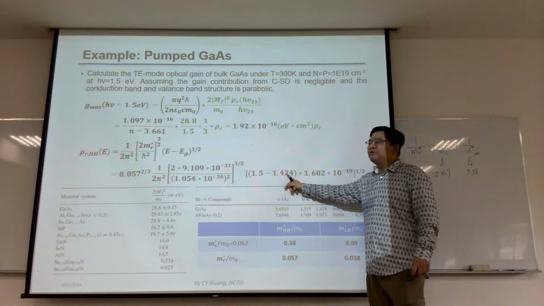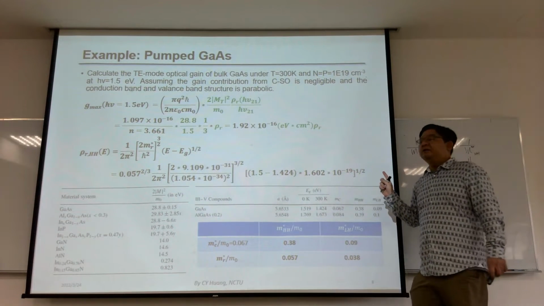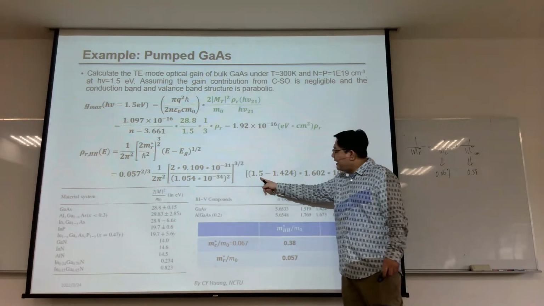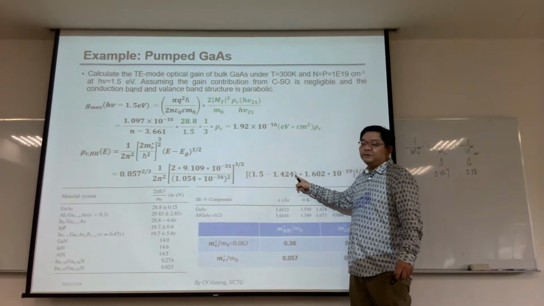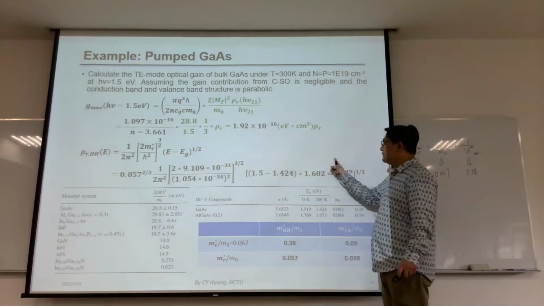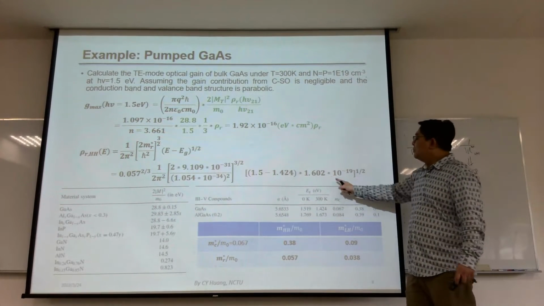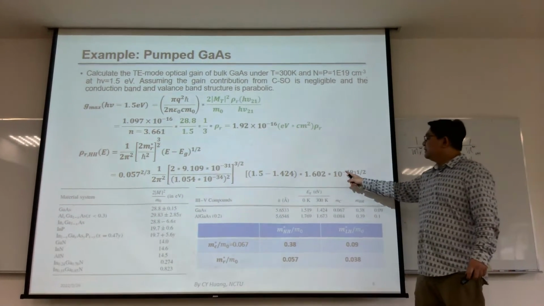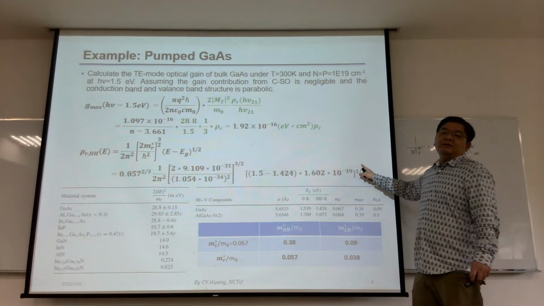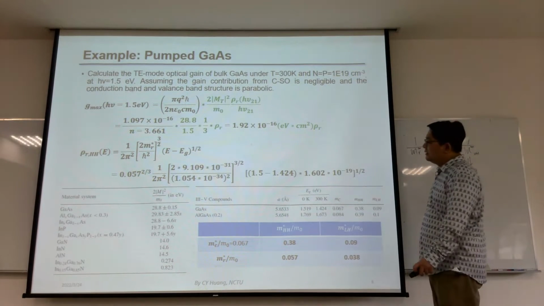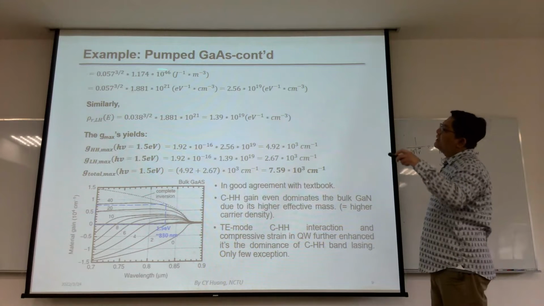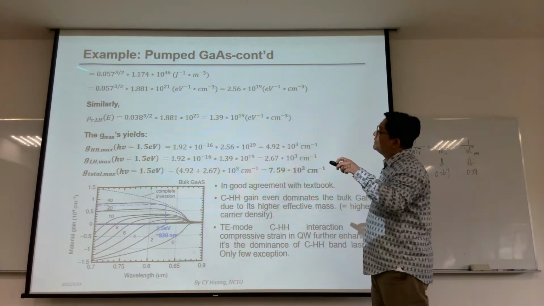So let's do everything in SI units first: 1.5 minus 1.424 eV, times 1.602 times 10 to the minus 19. The whole number is a very large number.